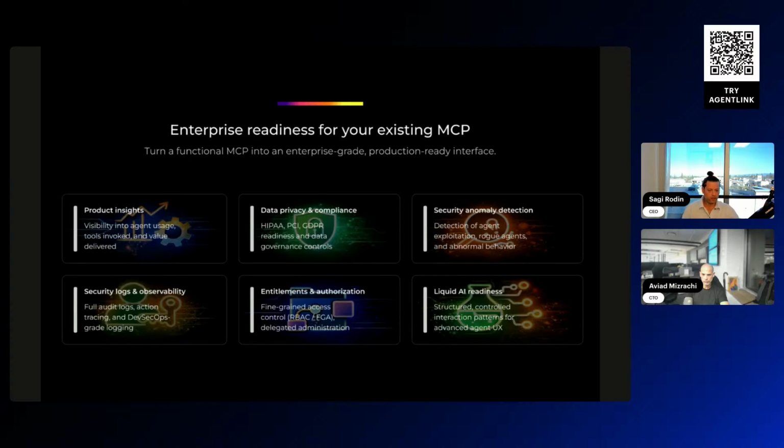But then we got a lot of questions from consumers. Okay, but what if I just want to connect to my Instacart, to my Spotify, to my gym application, to my Strava, whatever, and just create some stuff that would help me during my day to day?